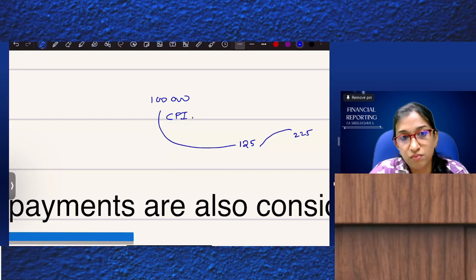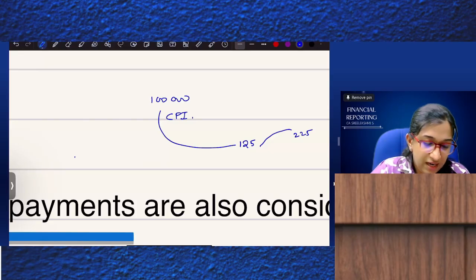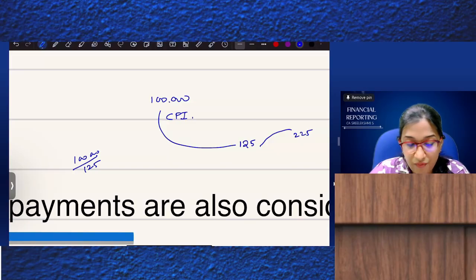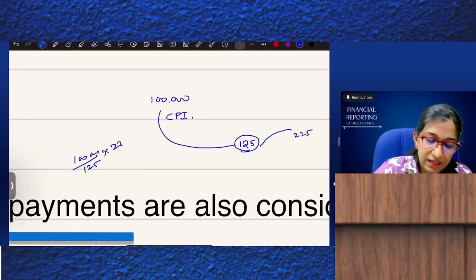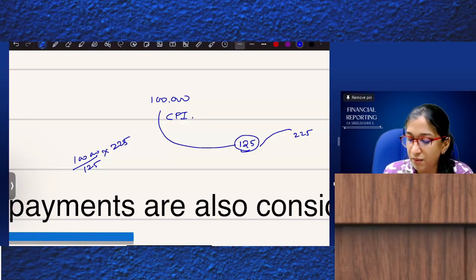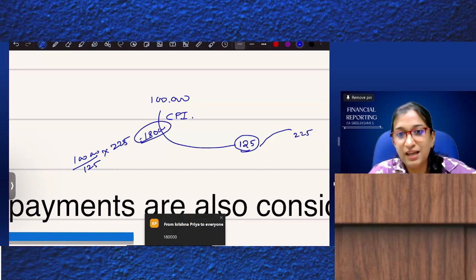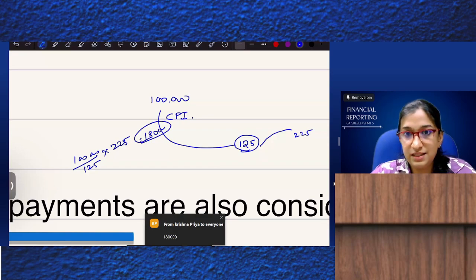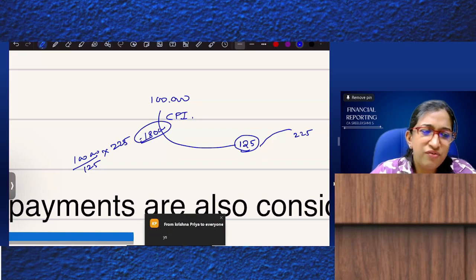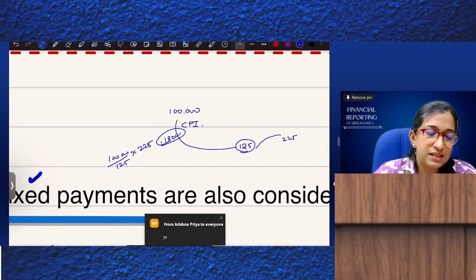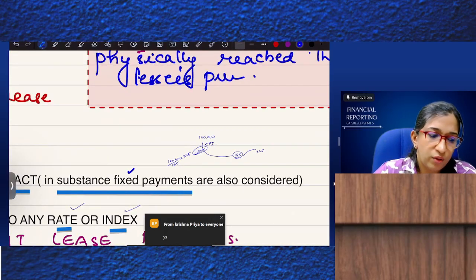Then what should you do? 1 lakh is the lease rental when the consumer price index was 125. When the consumer price index is 225, it is 1 lakh divided by 125 into 225, so now the rent should become 1 lakh 80. Understood? Yes. So if it is increasing by consumer price index, that should be considered. Okay, that is clear.